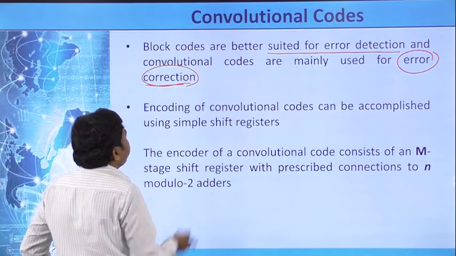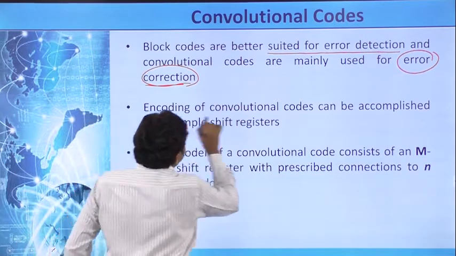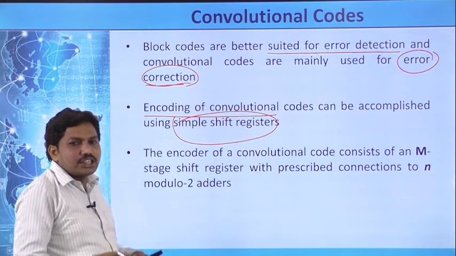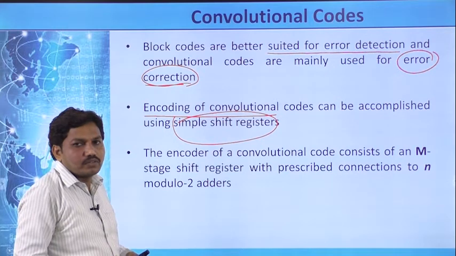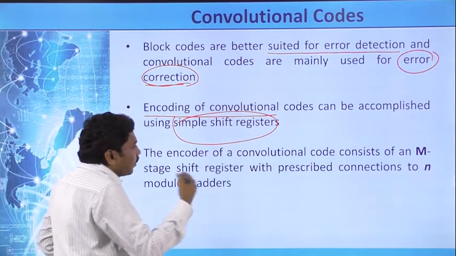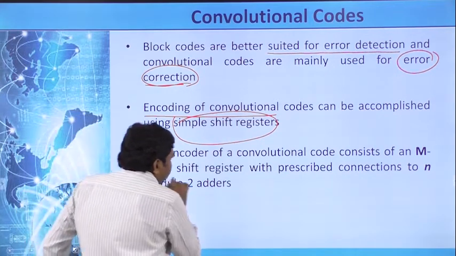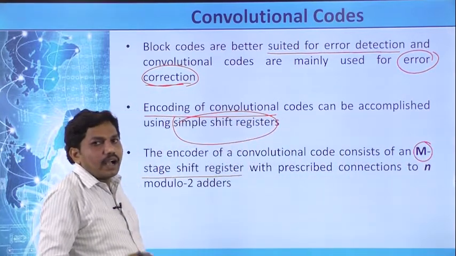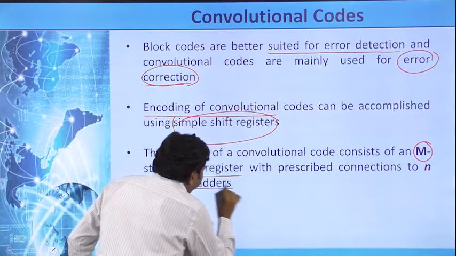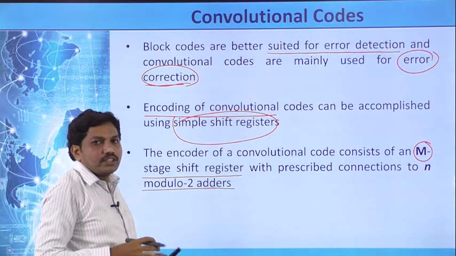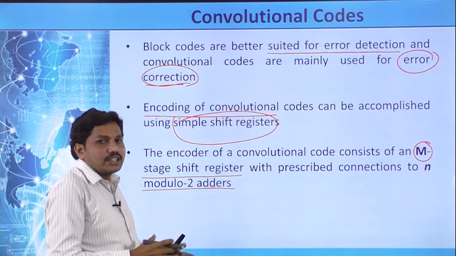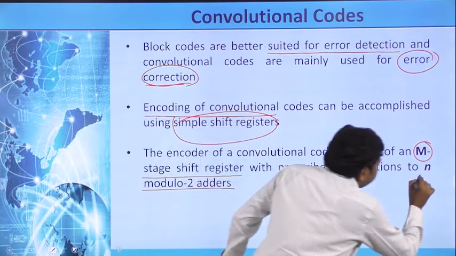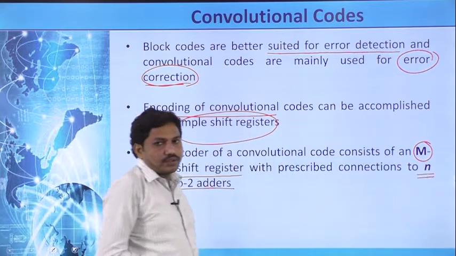Right? So how to perform encoding? The encoding of convolutional codes is performed by simply using shift registers. Register means 1-bit storage elements. So the encoder of a convolutional code consists of m stage shift registers and n output modulo 2 adders, which consist of some shift registers and some modulo 2 adders in order to get n bits at the output of the encoder.